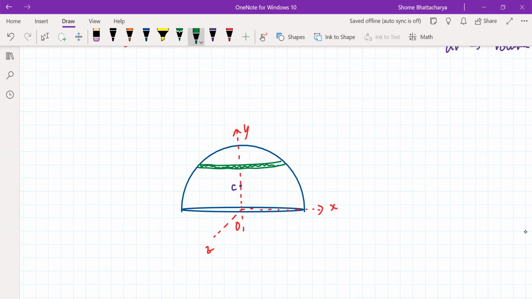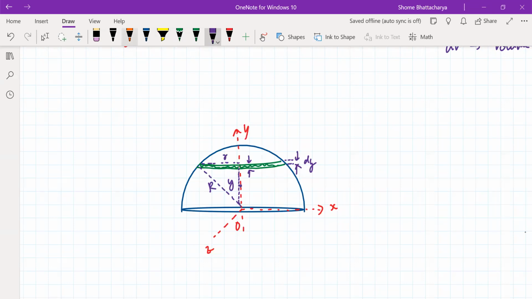Rather, we will consider the thickness as this. So if this position is y, then this thickness here is dy. And the radius of this disk is r, and this radius is capital R.